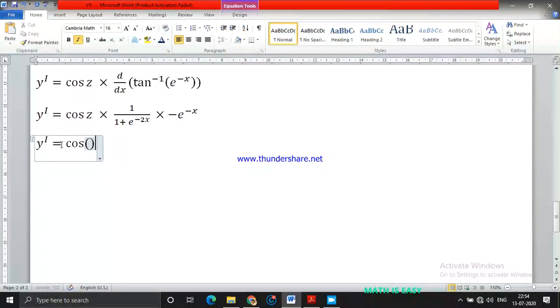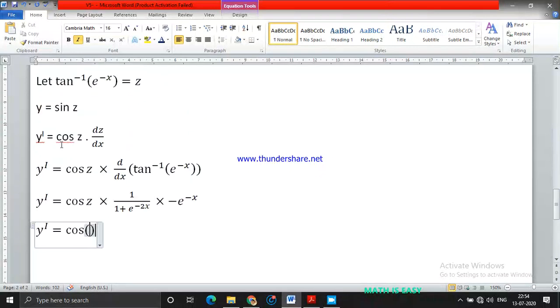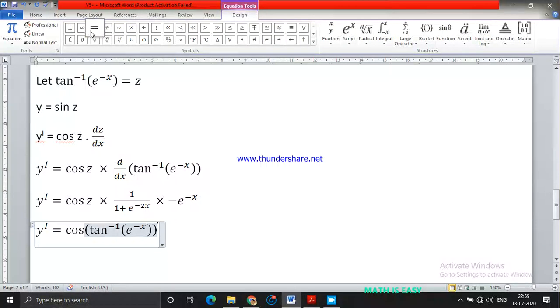Then cos z is there, so I replace the z value with whatever I assumed here, into minus e power minus x, which also comes here in the numerator.